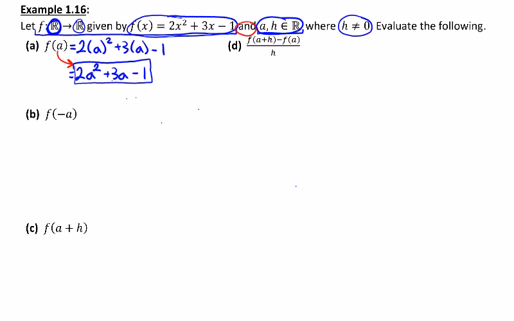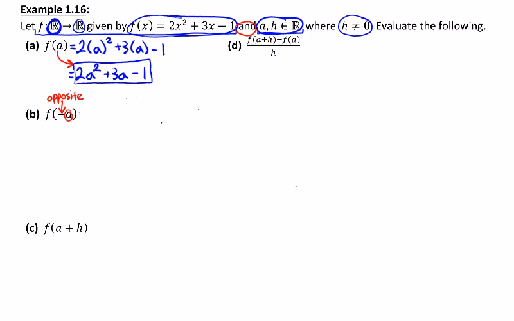It says f of negative A. Now, when you see a negative symbol like this, what that really represents is the opposite of whatever you have here for A. So if we know that A is supposed to represent a real number, then the opposite of a real number is also still a real number.